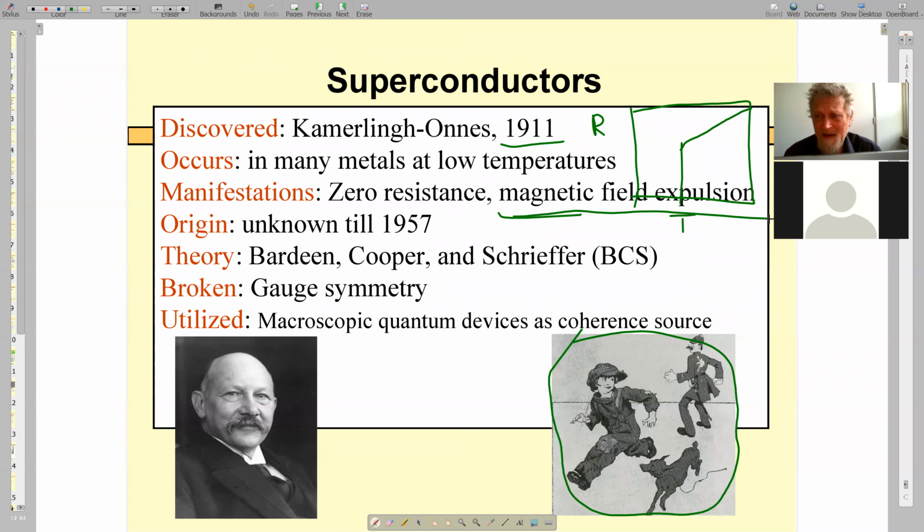It was a very active period of scientific development, of physics in particular, relativity theory, nuclear bomb, whatever, right? But it took quite some time to discover the origin of this phenomenon.